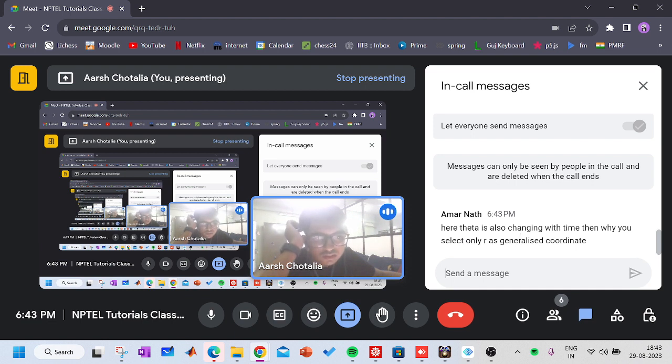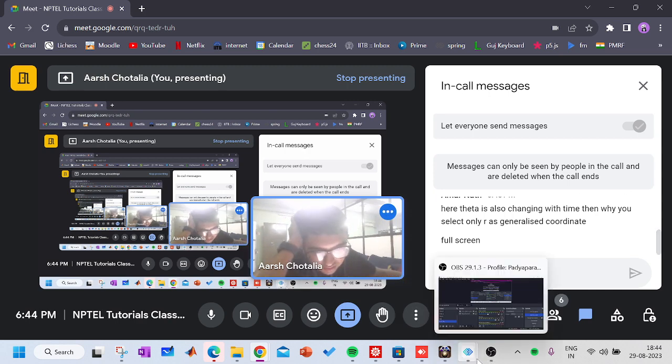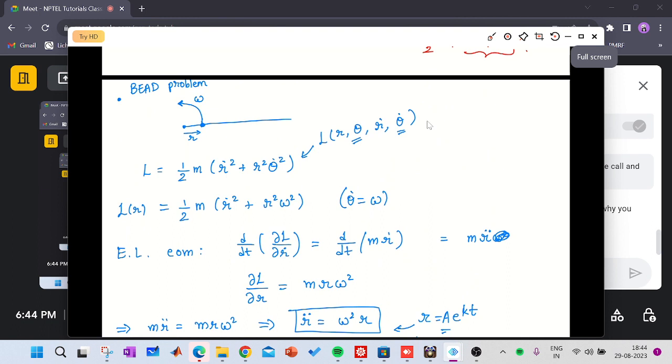Here theta is also changing with time, and why do you select only r as the generalized coordinate? So we started with two coordinates, right? Here we have L as a function of r and theta, and r dot and theta dot, right? In which this theta dependence was not there, but theta dot was there. So in this first expression we had theta dot, right? But then we knew one constraint, which was theta dot is equal to omega.